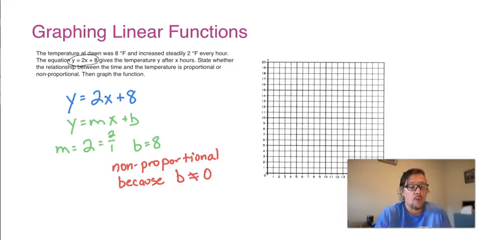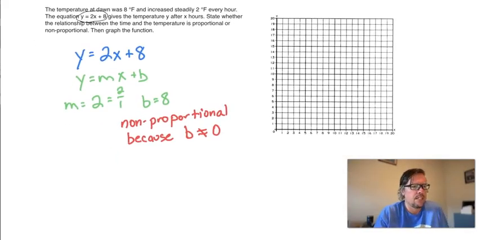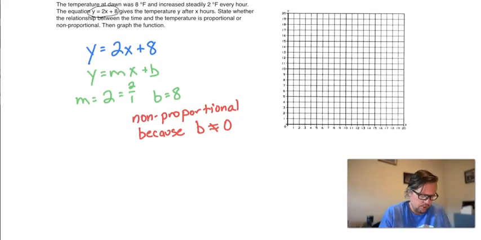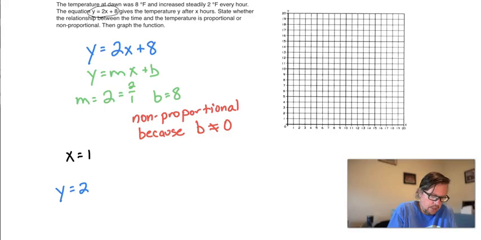There is another way that I could do this, either using a calculator or just using your noggin, which is I could pick a few values for x and just substitute those values in for x. For example, what if x was 1? My equation then would be y equals 2 times 1 plus 8.